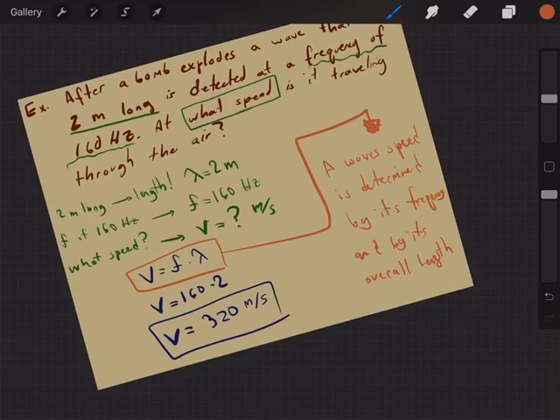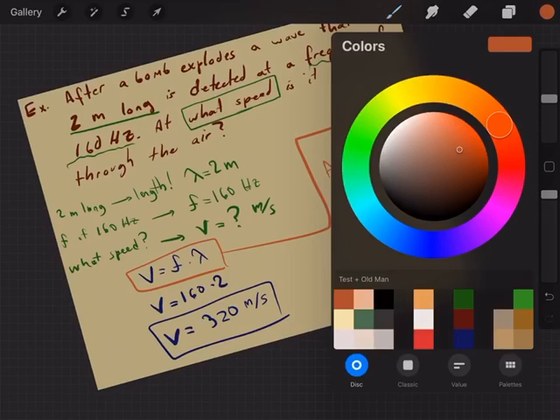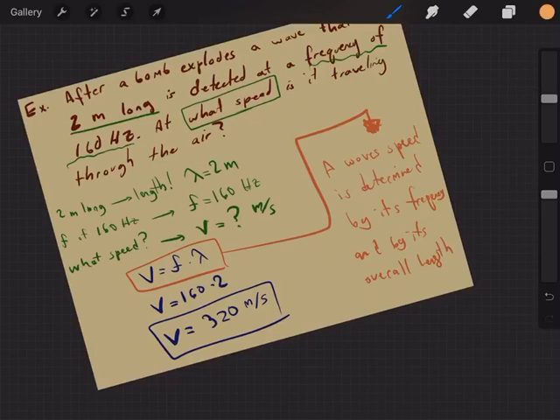So if you read through this little sentence here, you can pick out everything that we were talking about. A wave's speed, v, is determined, so is equal to, its frequency, and its overall wavelength there.